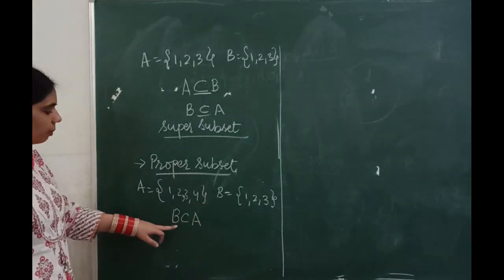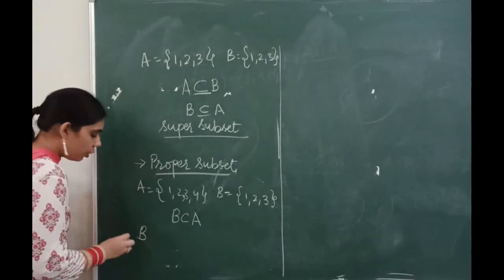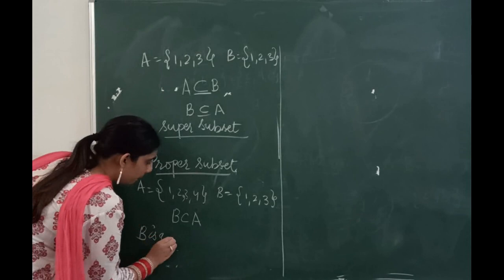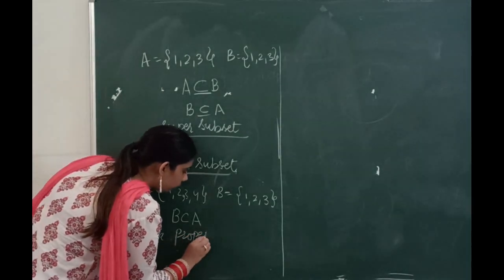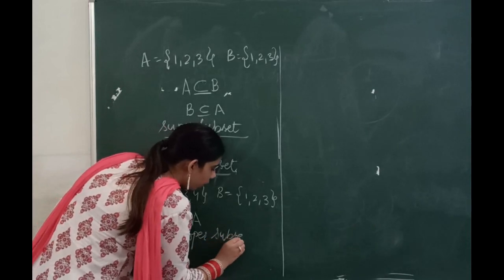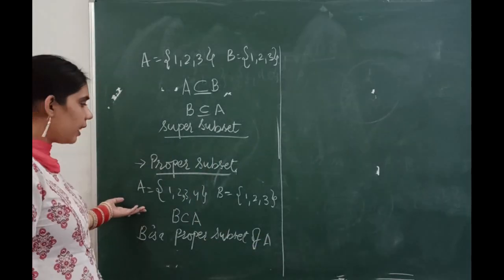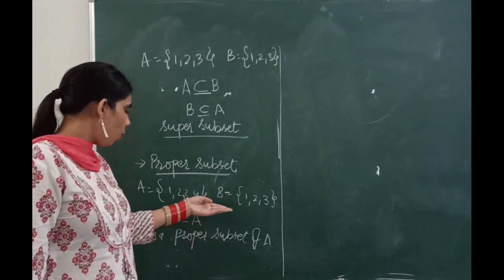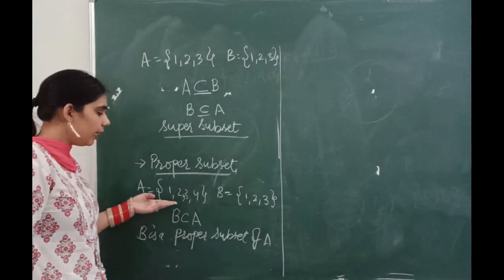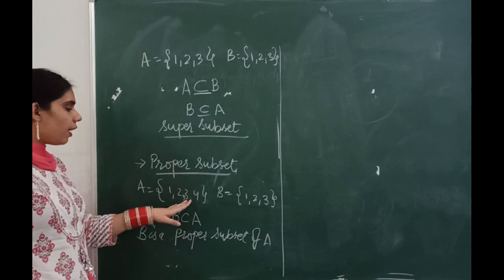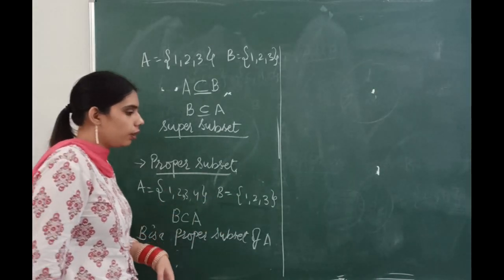It is known as B is a subset of A, or for a better definition we can say B is a proper subset of A. By definition, B is a proper subset of A if the elements of B are contained in the elements of A and at least one element of A is not in B, that is 4.